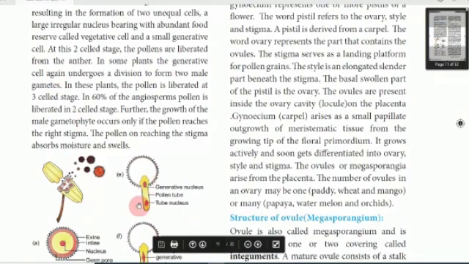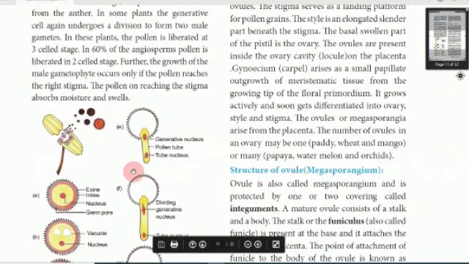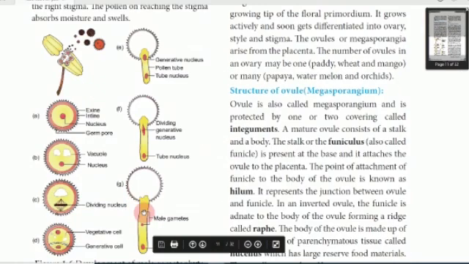This is called the pollen tube, and the pollen tube will germinate with the help of the tube nucleus, with the development of three nuclei: two male gametes and one tube nucleus. So this is the development of a pollen tube.